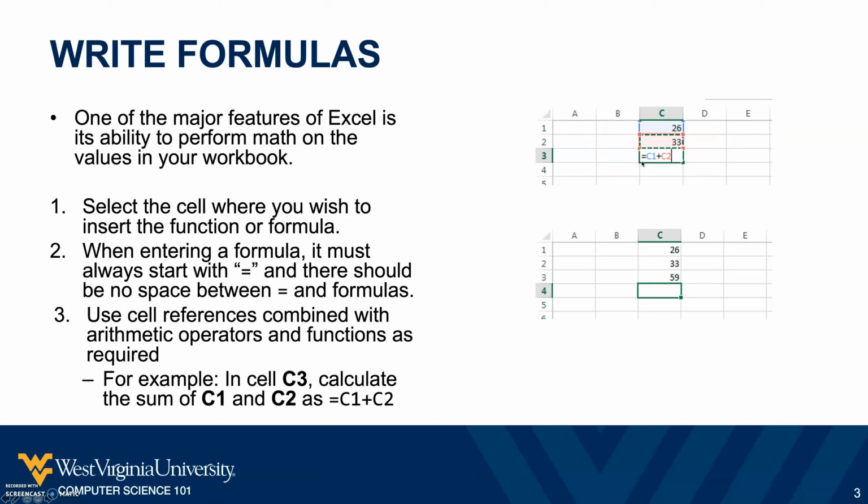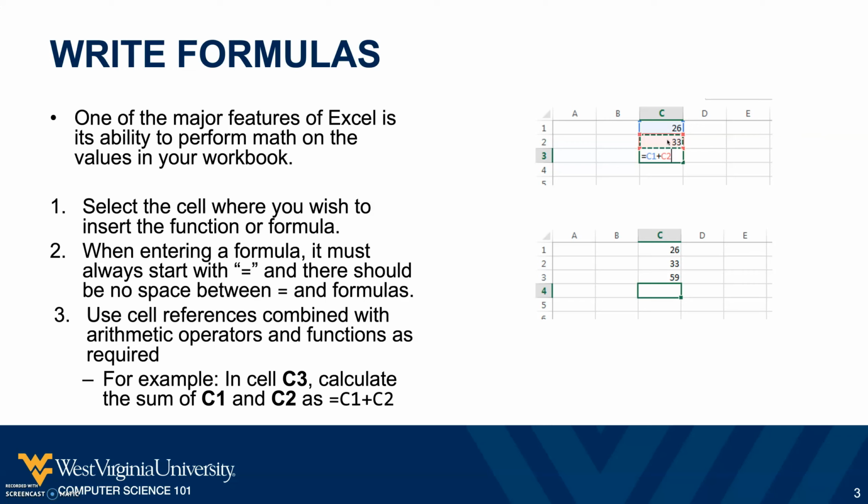Instead of writing a formula that equals 26 plus 33, you're referencing cell C1. See the C there, the 1 there, that's cell C1, and C2. That way, if you change the values in those cells, the formula automatically updates.